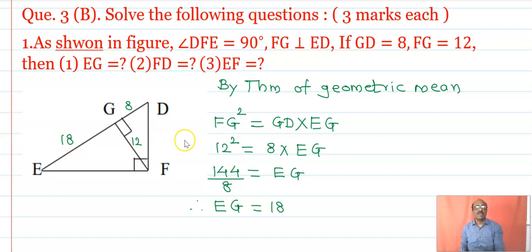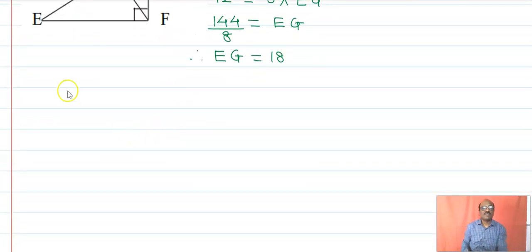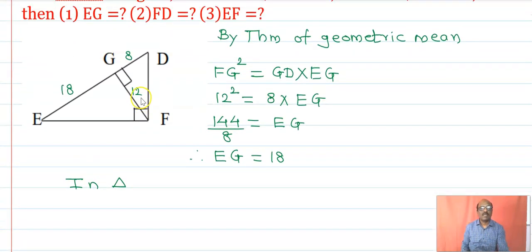Okay. Next what we want to find out? FD. आता EG झालं. Next FD, that is in triangle DGF, it is a right angle triangle.